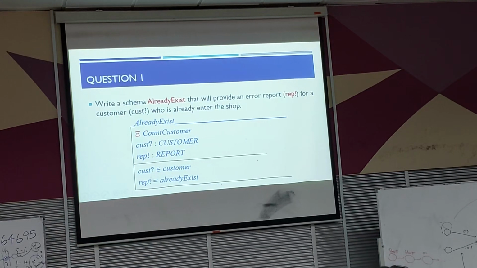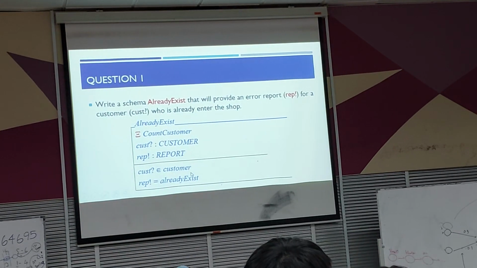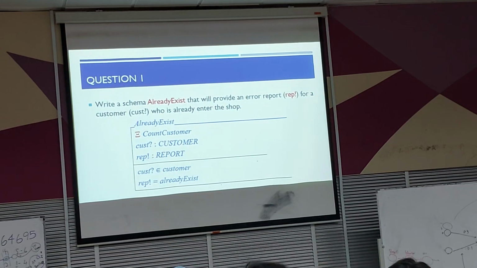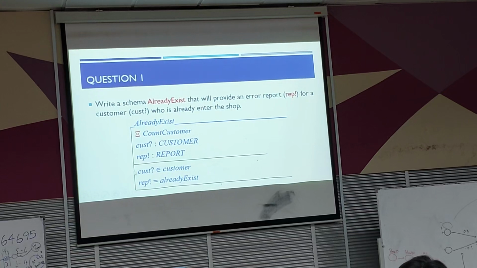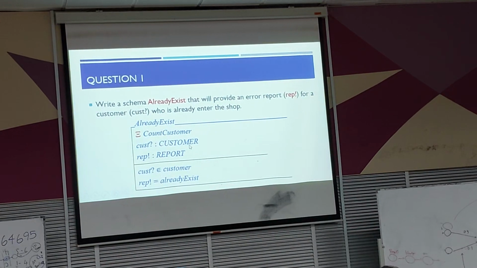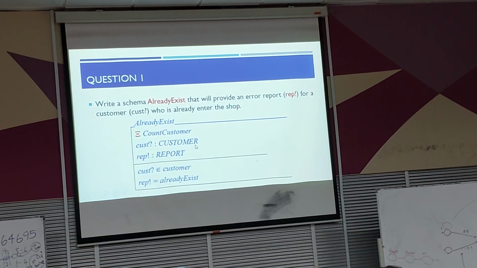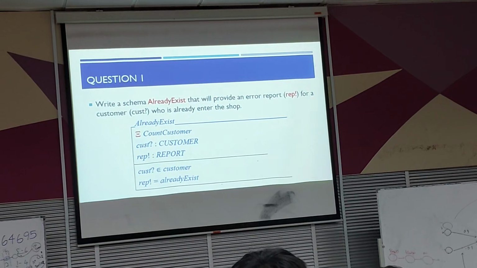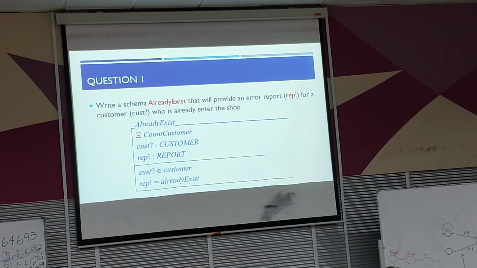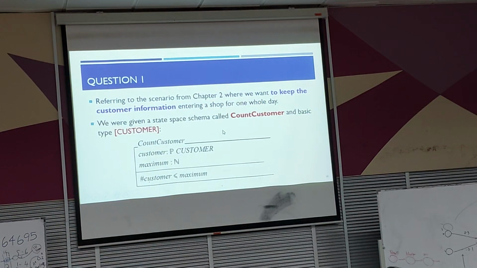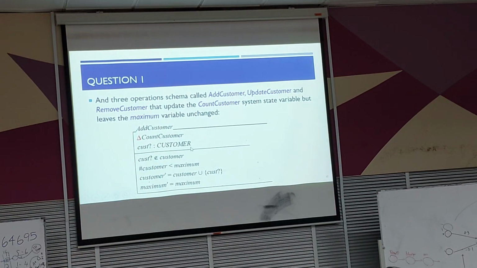And then from there you see that there is an input variable involved here. Then you declare your variable here. This variable declaration follows your operation schema. So let's say this one is for add customer. You go back to your add customer. You have customer? of type customer.